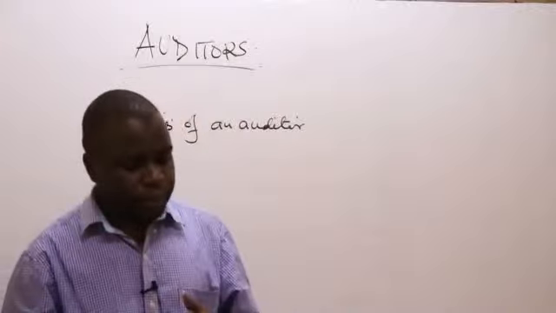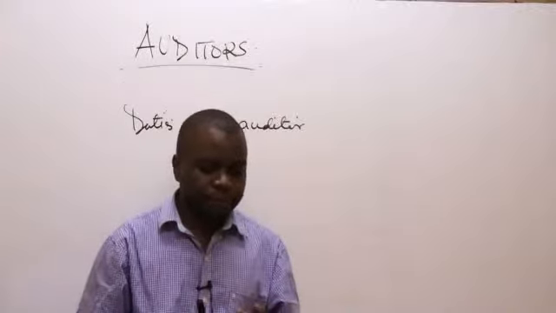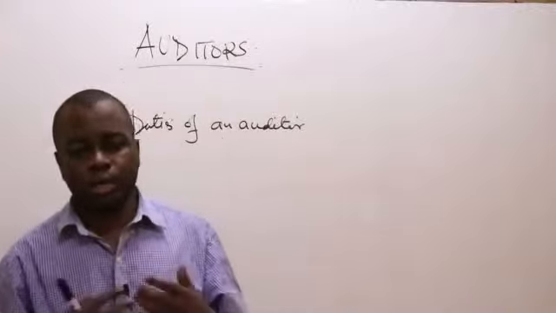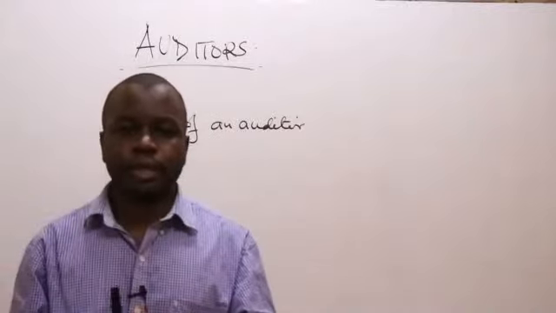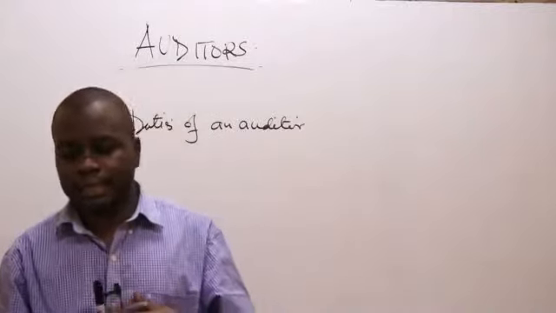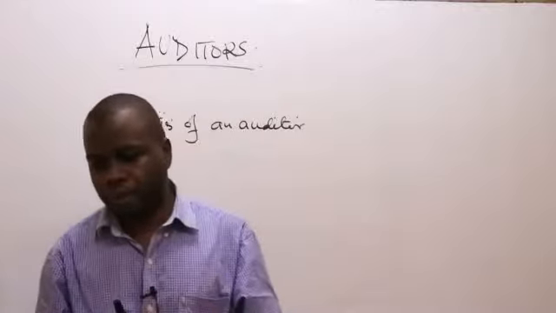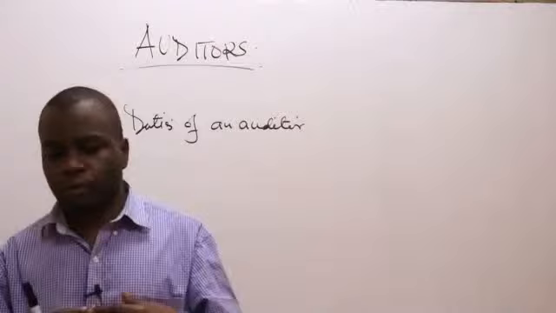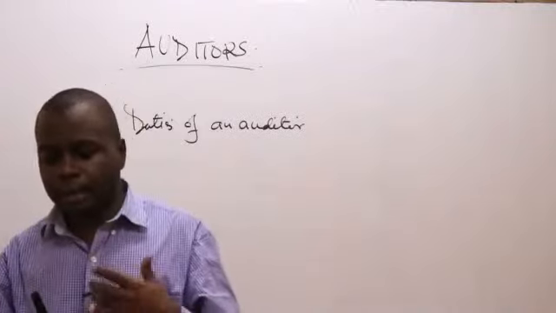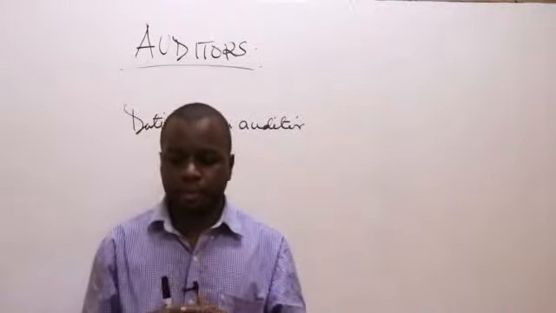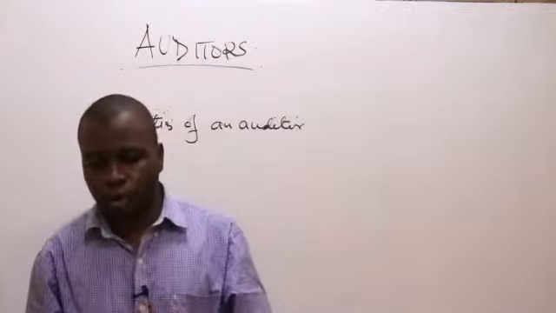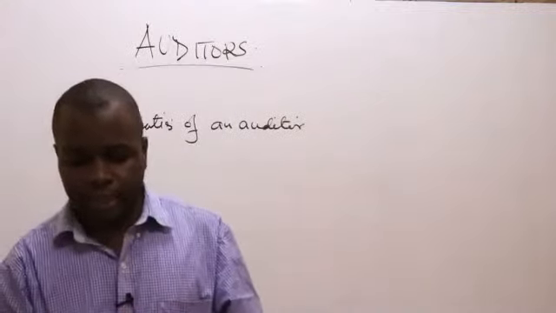Then number three, which is very key, is to carry out his work with honesty and ensure that he's doing it with reasonable care and skill expected of a person of his profession, or expected of a person of his capacity while he's carrying out work as an auditor of any company.